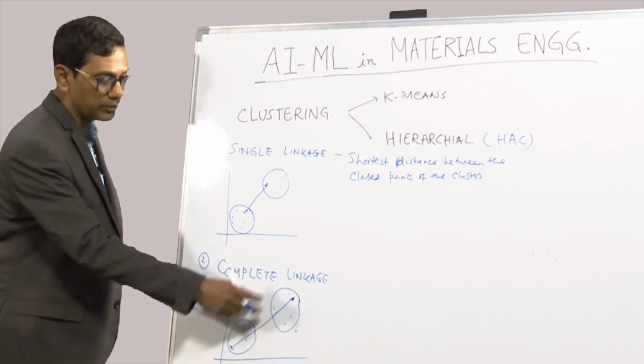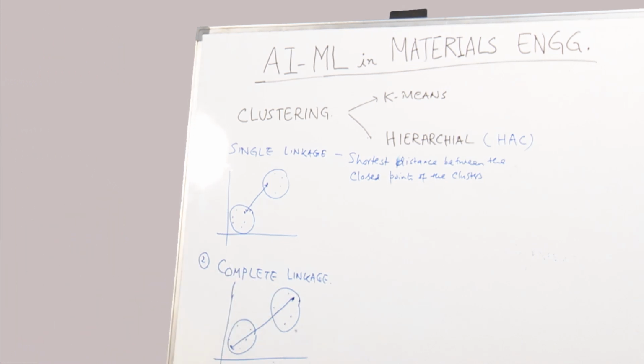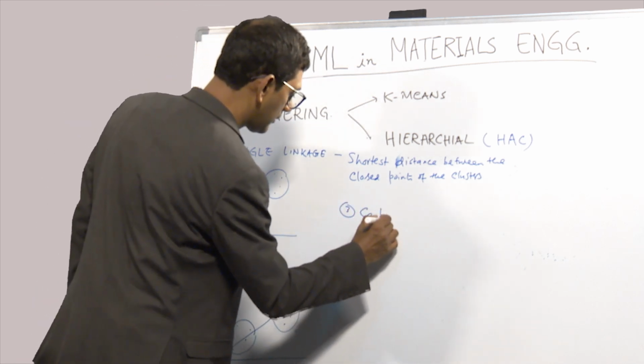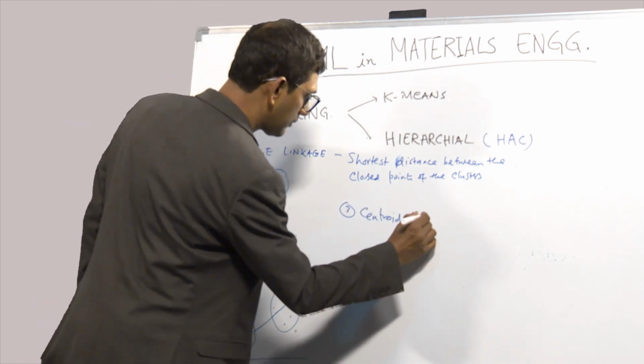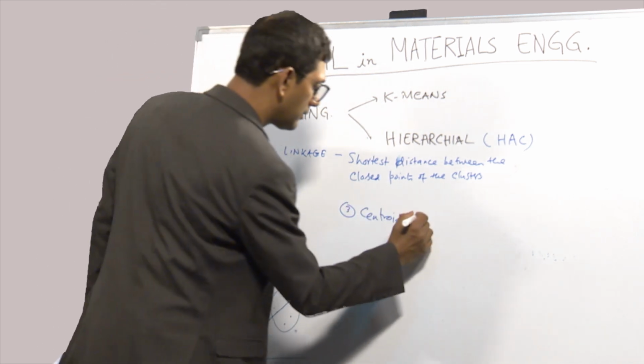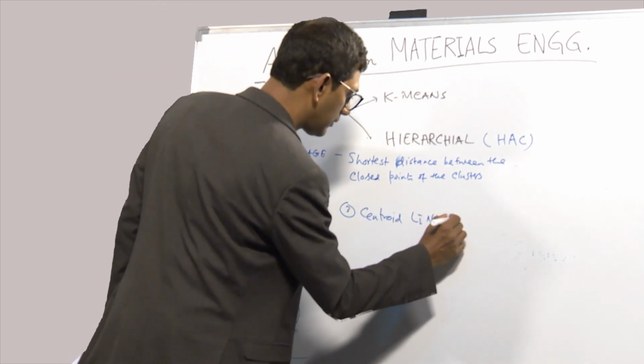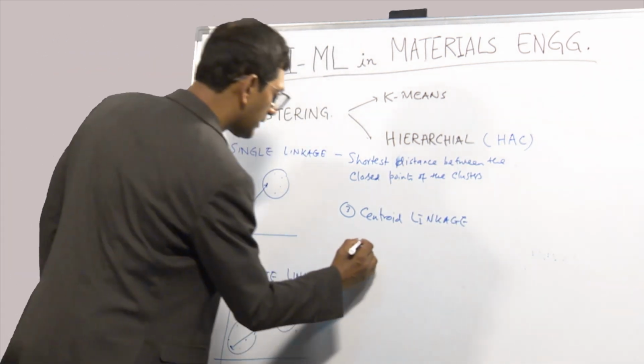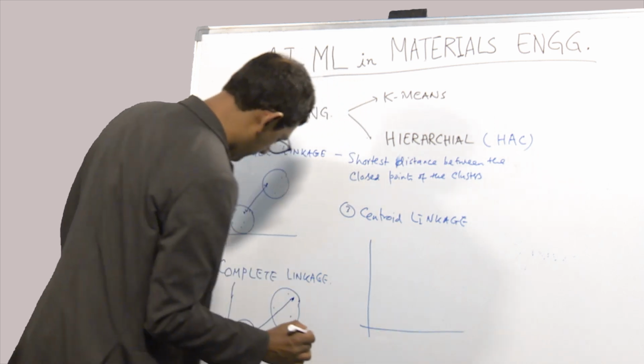That means they are part of 2 different hierarchies in the dendrogram structure. You can also have much more complex things possible. So, let us talk about that. You can have centroid linkage also possible, centroid. That is very simple, what we discussed already.